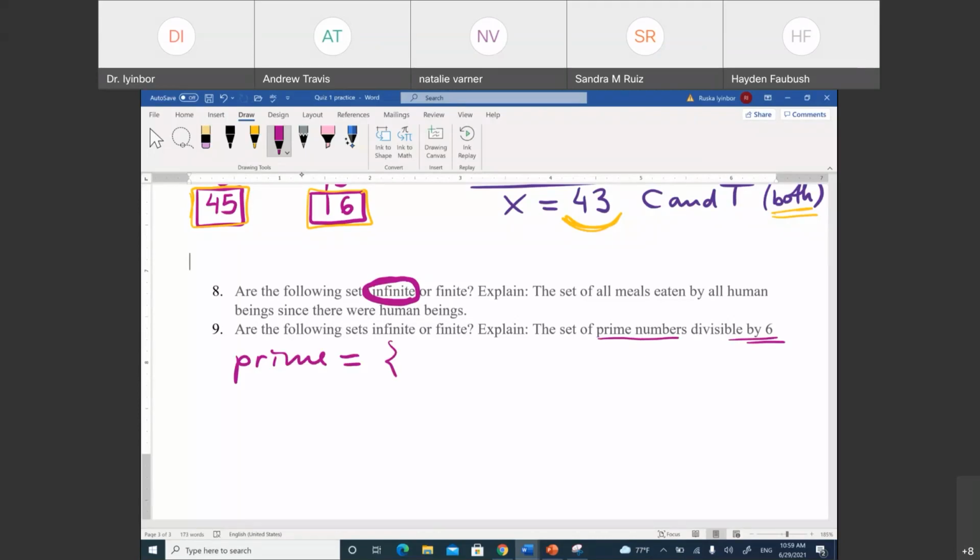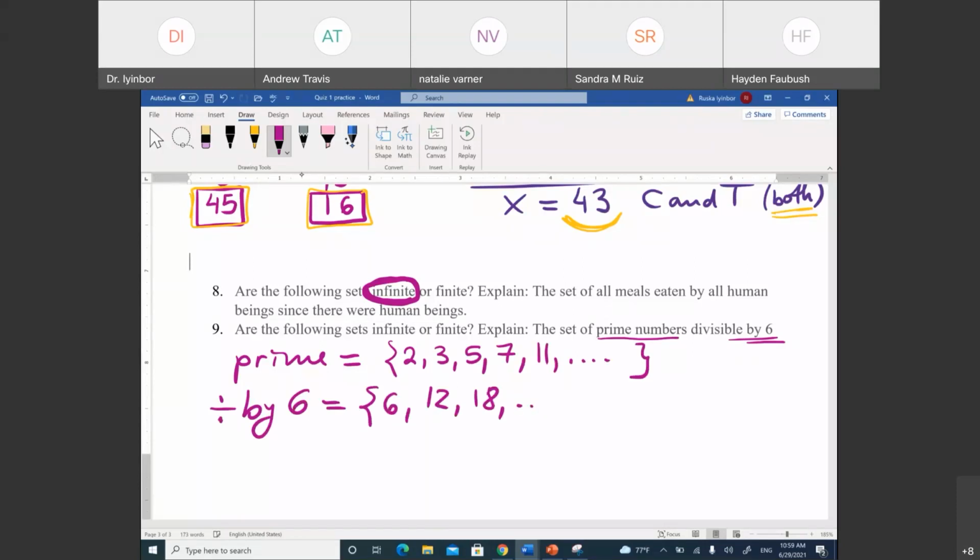So what are they? 2, 3, 5, 7, 11, and so on. These are the prime numbers. Which are the numbers divisible by 6? 6, 12, 18, and so on, right?